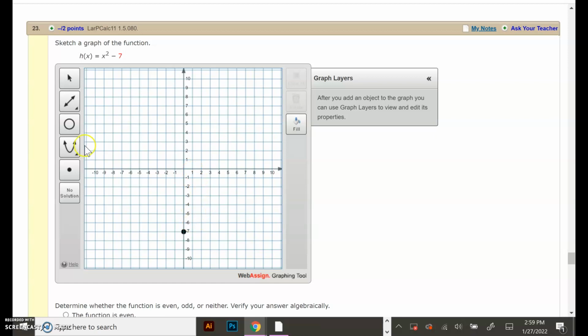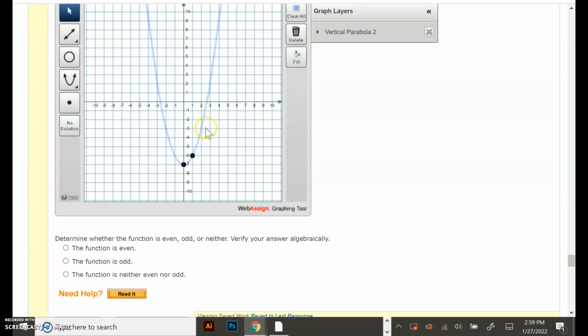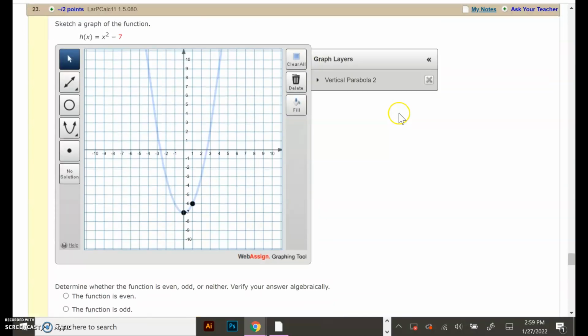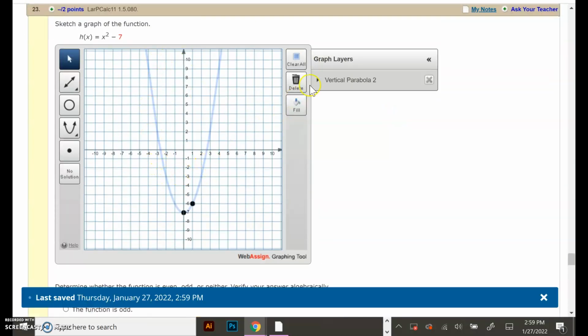So I'm going to click, make sure this is blue. I'm going to click both of these here. 1, negative 6. Now, notice that WebAssign helped me with everything else. So I only had to provide WebAssign with 2 points.